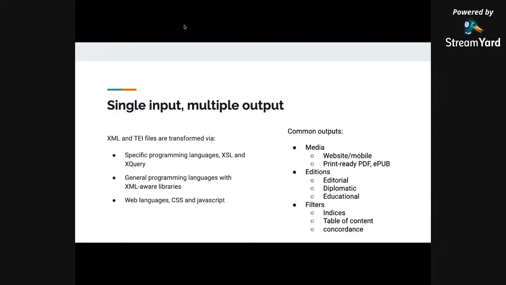The main thing that we use currently in the EFES platform is the XSL programming language, which is specifically an XML transformation language. XQuery is similar. There are other ways of manipulating XML text. Other programming languages not specifically designed to work with XML have, however, XML-aware libraries that we can use to transform and manipulate our texts.